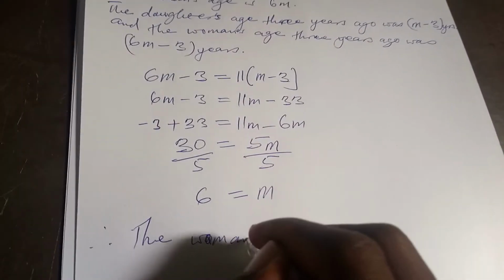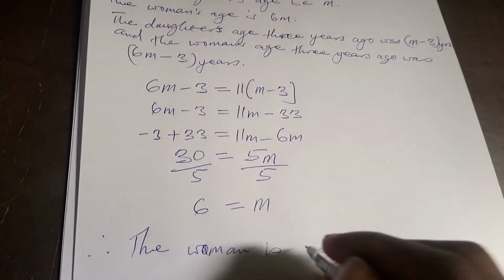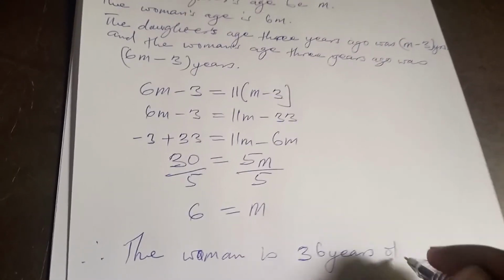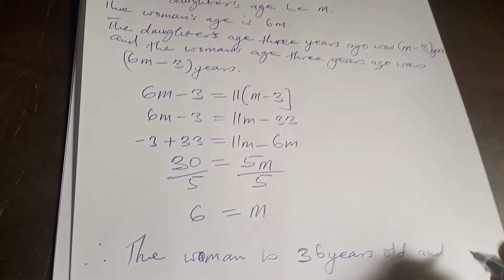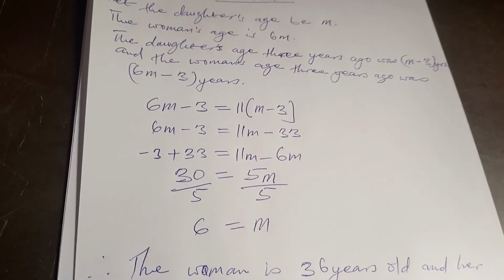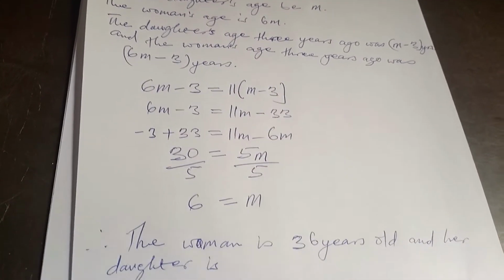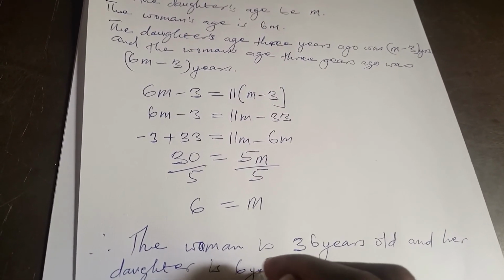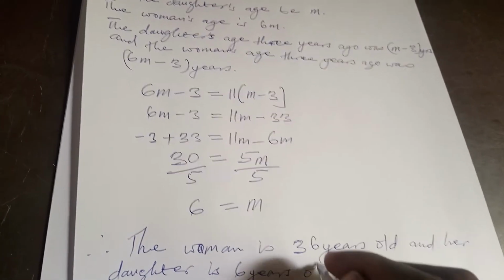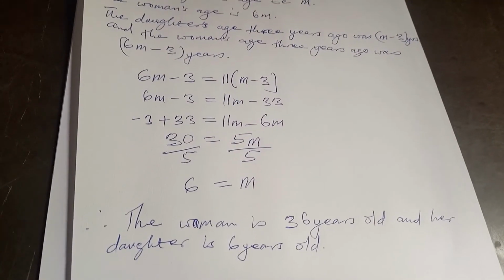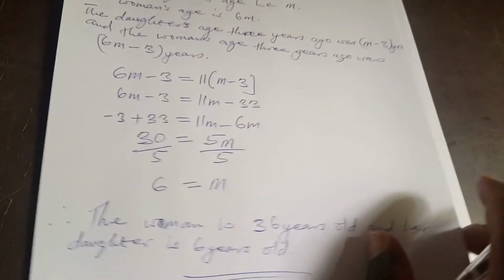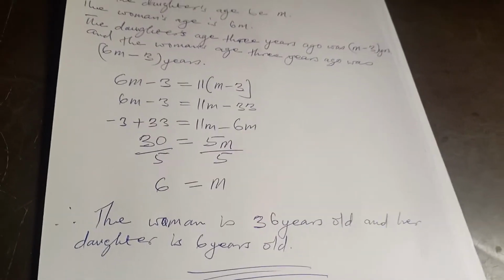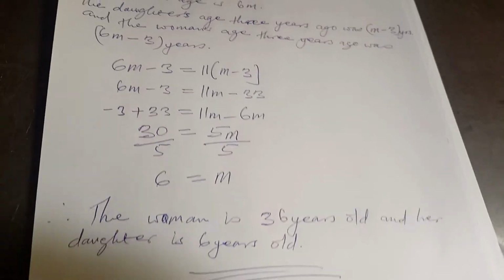Therefore, the woman is 36 years old and her daughter is 6 years old. Good.